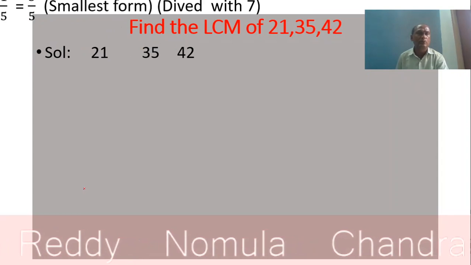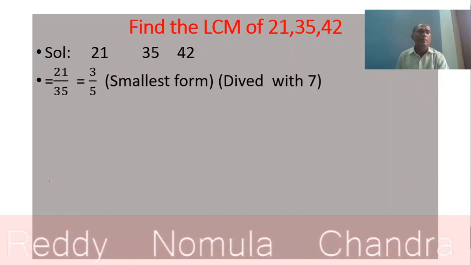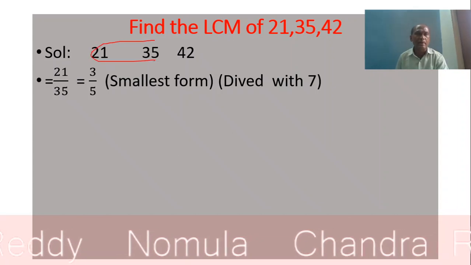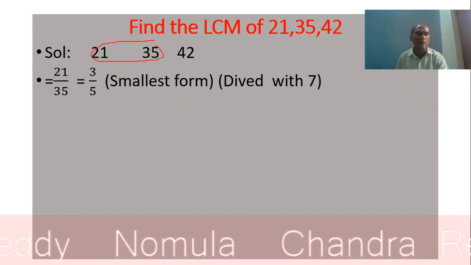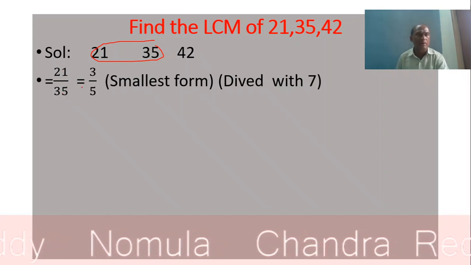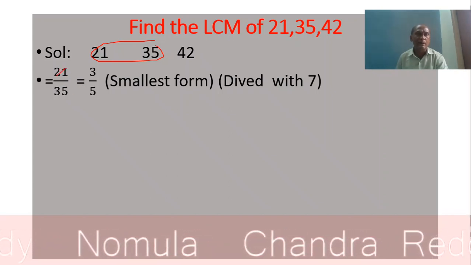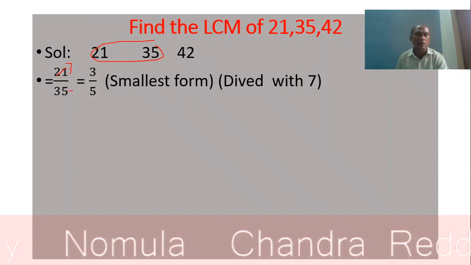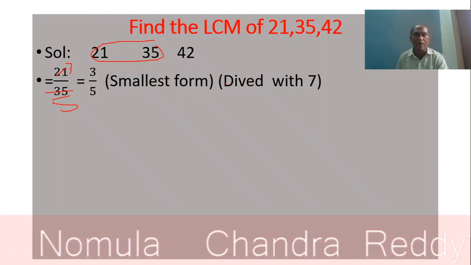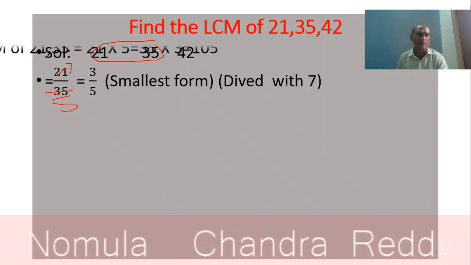Next, another problem. Find the LCM of 21, 35, 42. First of all, two numbers are taken: 21, 35. First write down the fraction 21 by 35, which is 7 3s are 21, 7 5s are 35. Smallest form is 3 by 5, divide with 7.